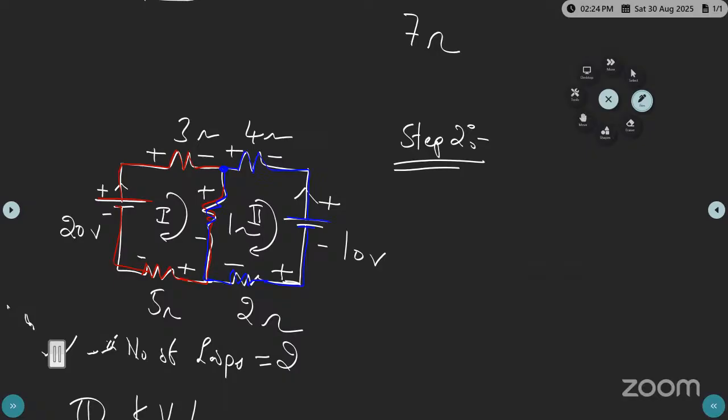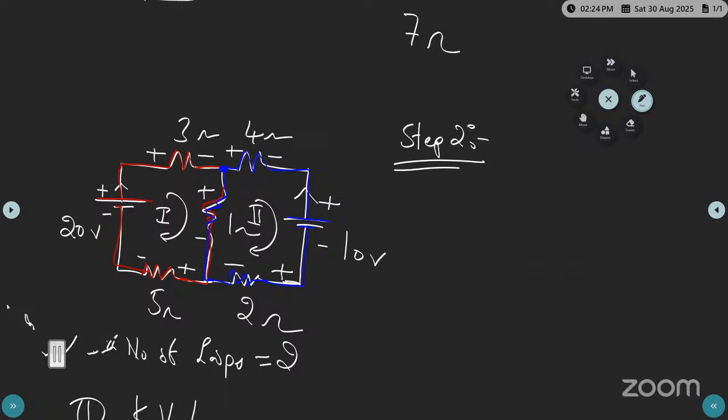Okay, I repeat: assign plus and minus symbol for individual elements by traveling in a clockwise direction, comma, the elements which don't have plus and minus symbol, for the loop 1, comma, for loop 2, comma, loop 3 and so on.